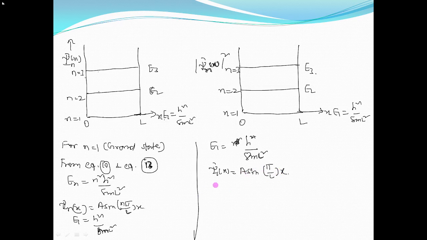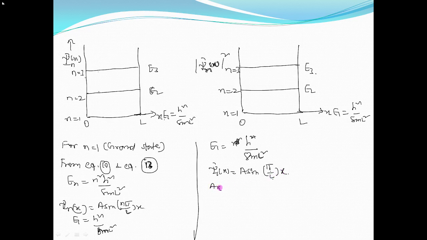Sin is maximum at 90 degrees, pi by 2. So here I should get pi by 2. For what value of x will I get pi by 2 here?